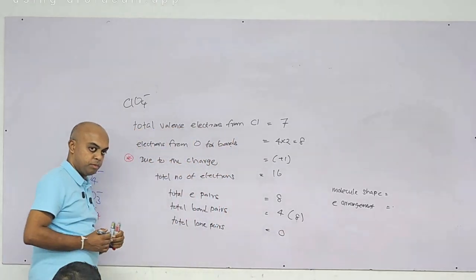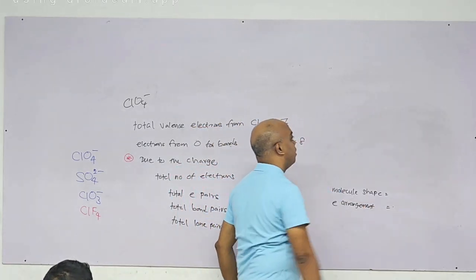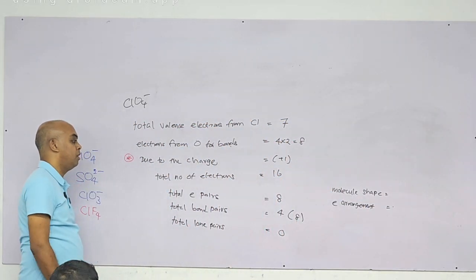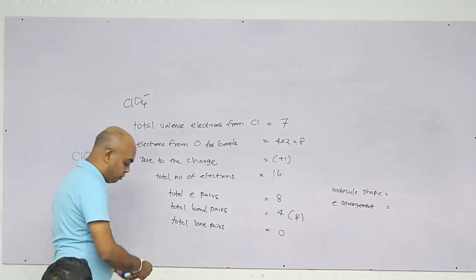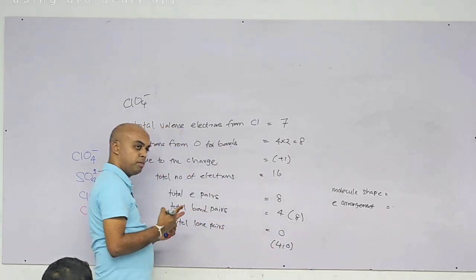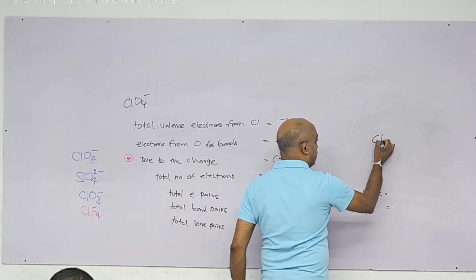Now we have a problem here. Wait. Now the shape is 4-0. There is no problem on this one, right? So the shape is tetrahedral.